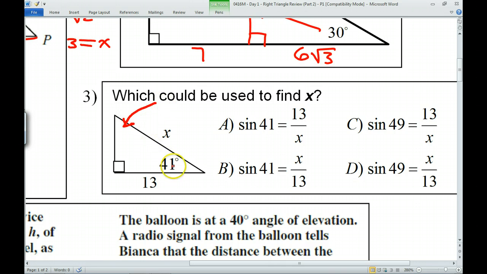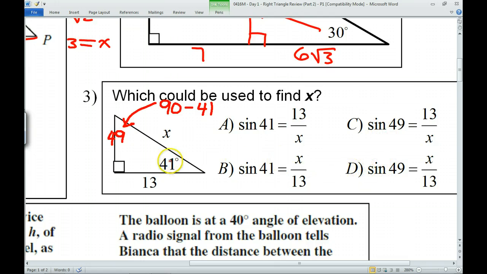Remember, if we have one angle in the right triangle, if we want to find the other angle, we can just do 90 minus the angle we've got. So guess what 90 minus 41 is? That's right, so this angle is going to be 49 degrees. That means the answer is probably going to be C or D.